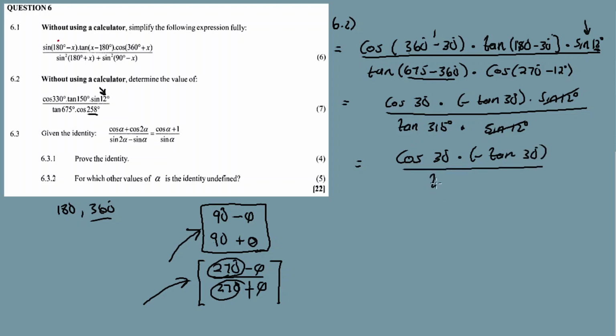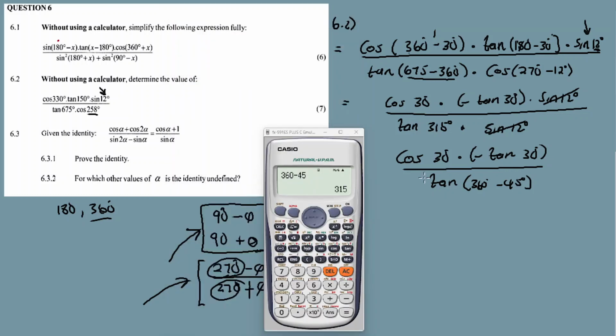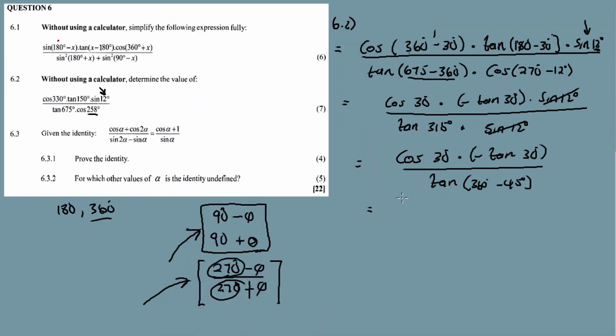Let's reduce this one, about 45 degrees, so 360 minus 45 degrees. Let us check: 360 minus 45 equals 315. What is cos 30 degrees?